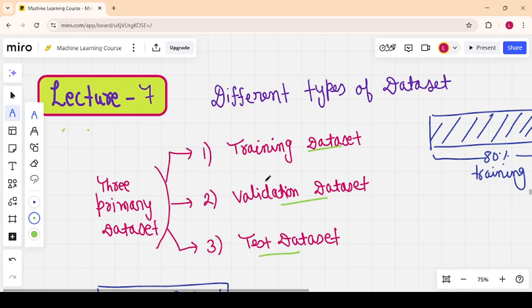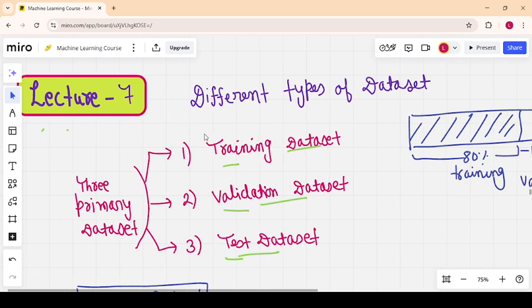Let's start this lecture. There are three primary datasets: training dataset, validation dataset and test dataset. I will show you one diagram here.